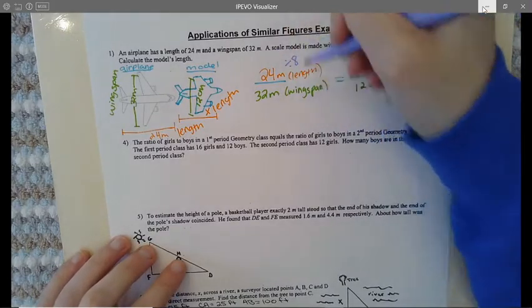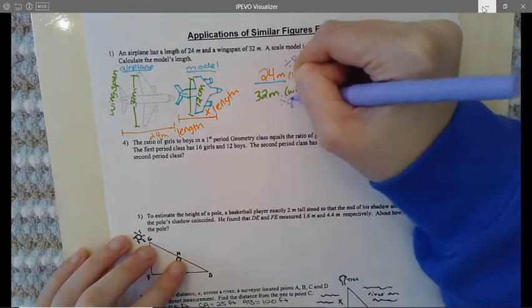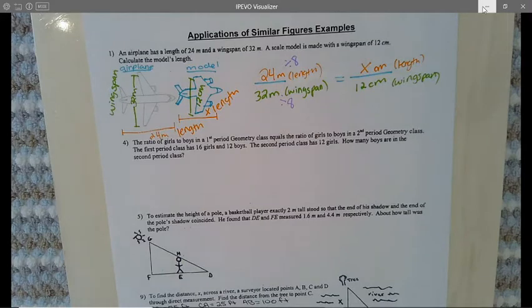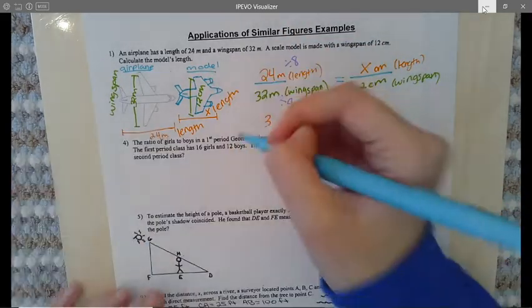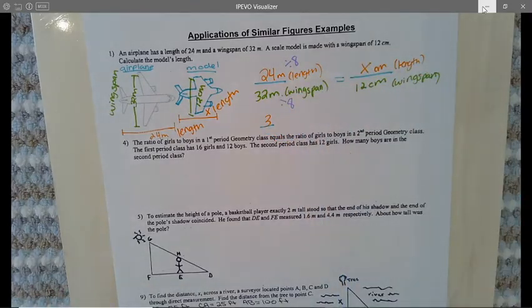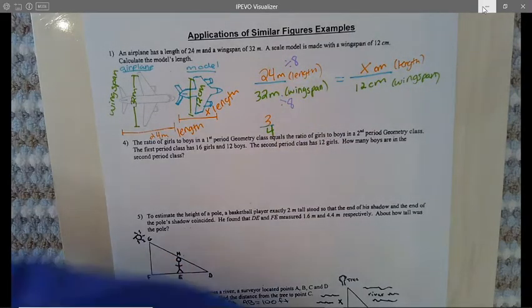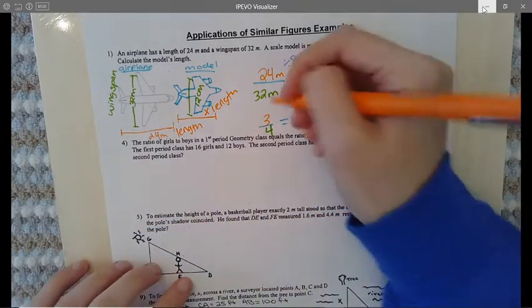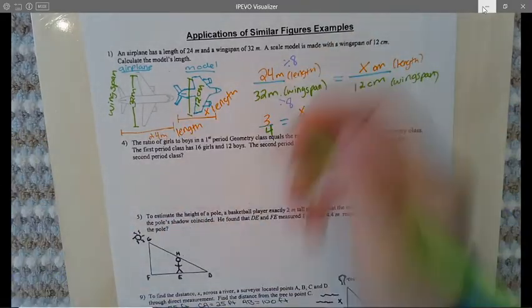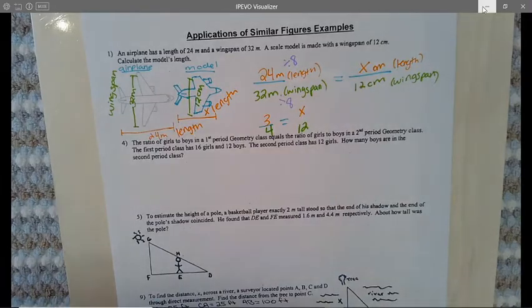So I'm going to divide each of these by 8. 24 divided by 8 gives me 3, and 32 divided by 8 is 4. So 3 over 4 will equal X over 12.